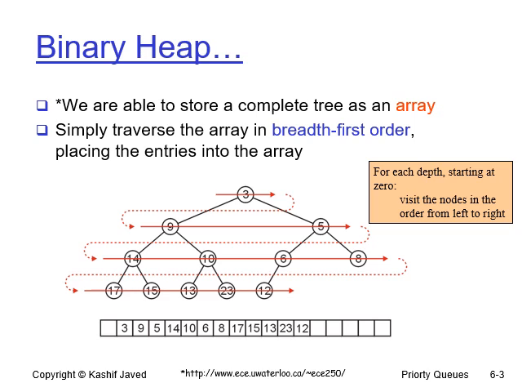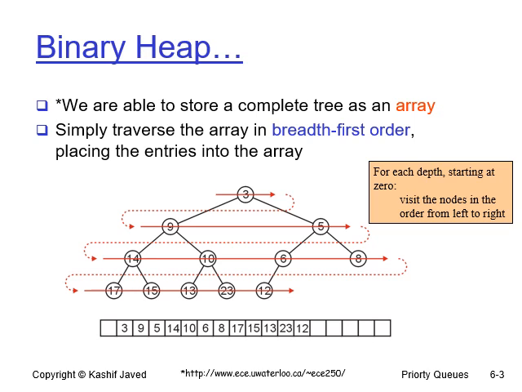Then I have another number 14. 14 becomes the left child of 9. Then I have another number 10. 10 becomes the right child of 9, and so on. So if you follow this strategy, we call it the breadth first order strategy. We place the entries depth-wise. So we visit the nodes from left to right depth-wise.